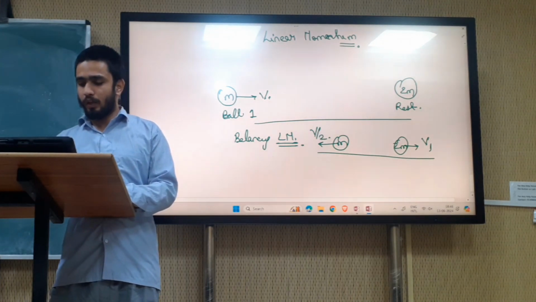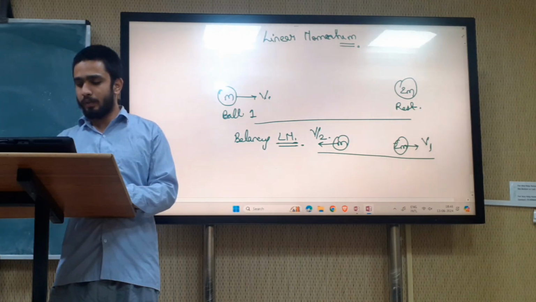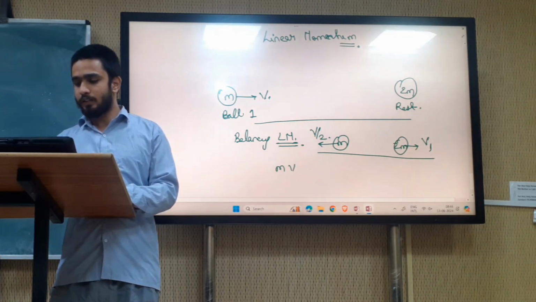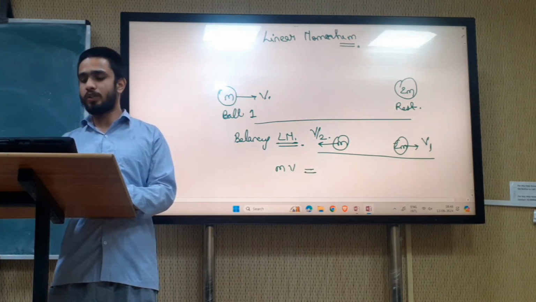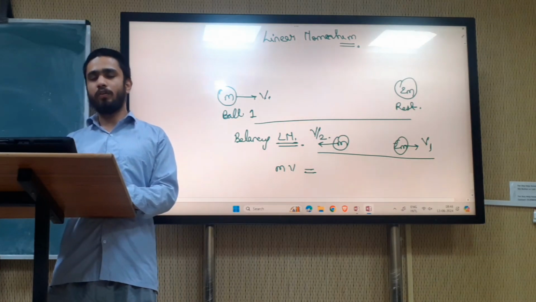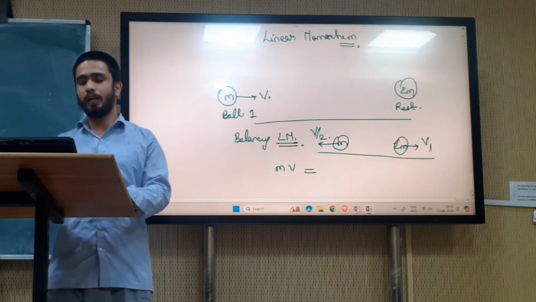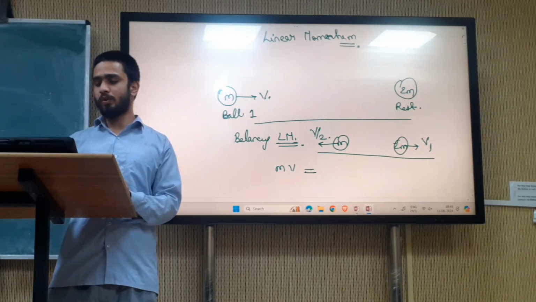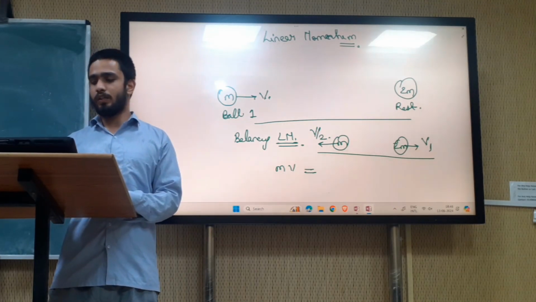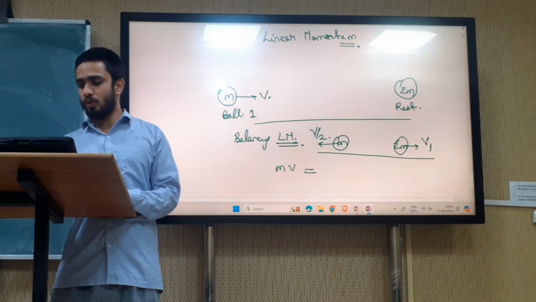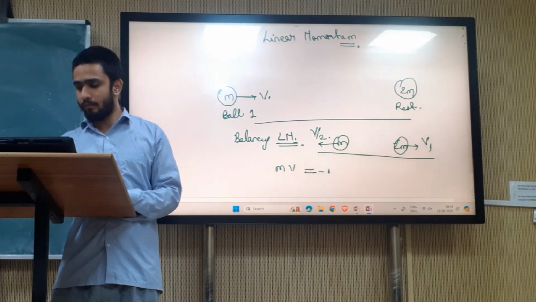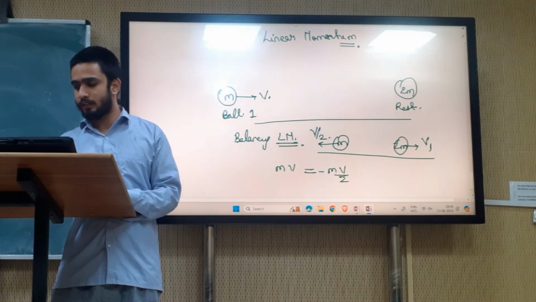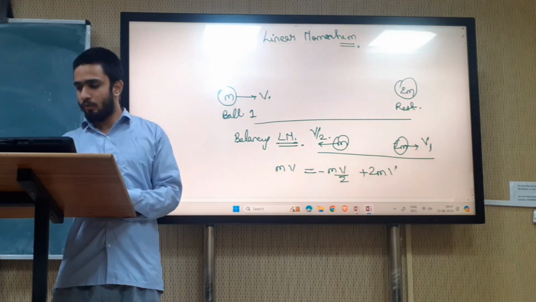The linear momentum initially was mv, since v was in the positive direction, so the forward direction we are taking as positive. We can take any direction as positive, we can take the backward direction also as positive, the answer will not change. So mv is equal to m times minus v by 2 plus 2m v1.